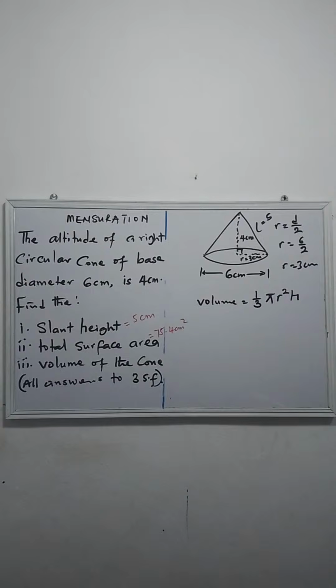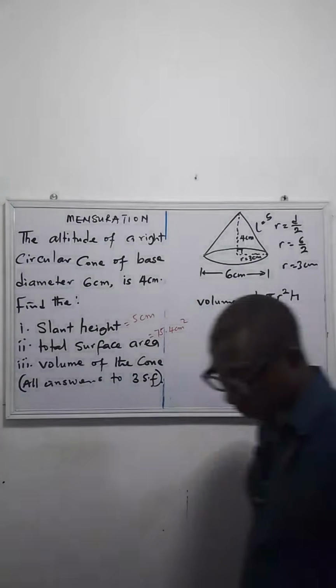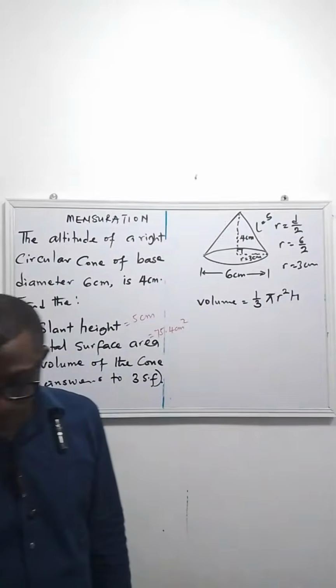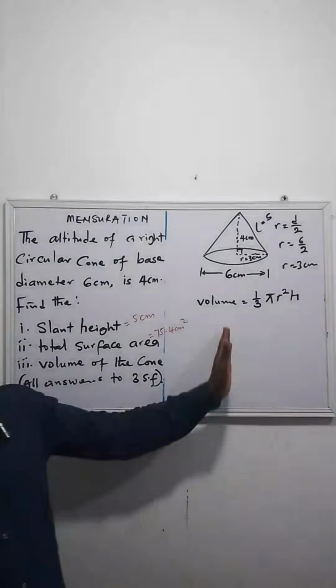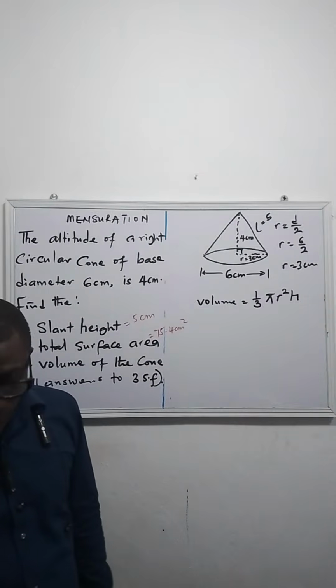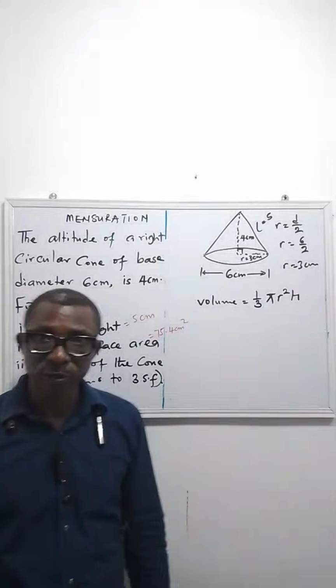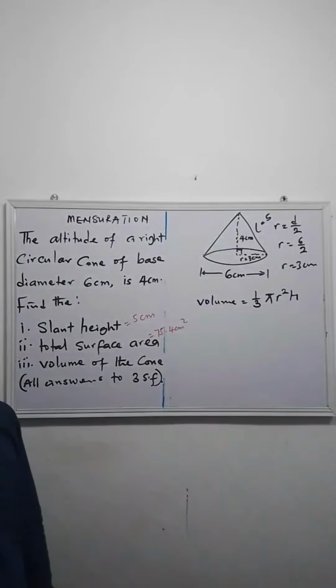All right, so now let's move forward. Since someone has given an answer, let's confirm. If you are still doing it, once you have your answer, you can drop it in the comment section before we finish this. Or better still, you pause the video, do your own, and then drop your answer in the comment section.